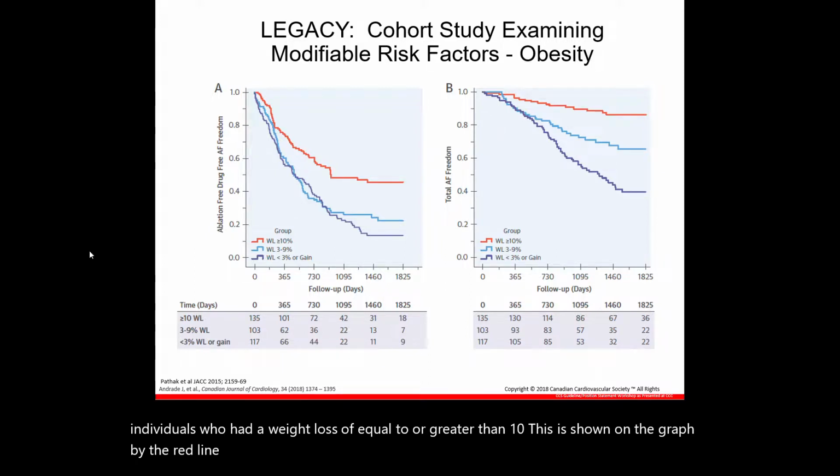Individuals who had a more modest weight loss still had some benefit in freedom from atrial fibrillation development and/or symptoms.